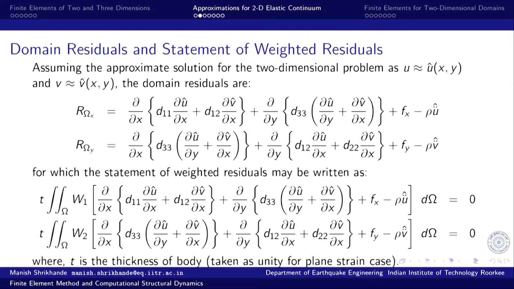Going by the method of weighted residual, we can state the statement of weighted residual as the residual multiplied by the weighting function and integrated over the domain. So, now the domain is of course dx dy.